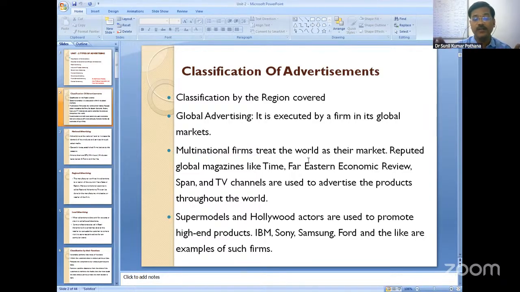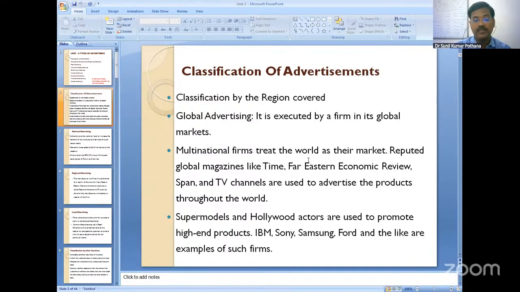We see Rolex advertisements in corporate magazines. Multinational firms treat the world as their market. Reputed global magazines like Time, Far Eastern Economic Review, and TV channels are used to advertise the products throughout the world.